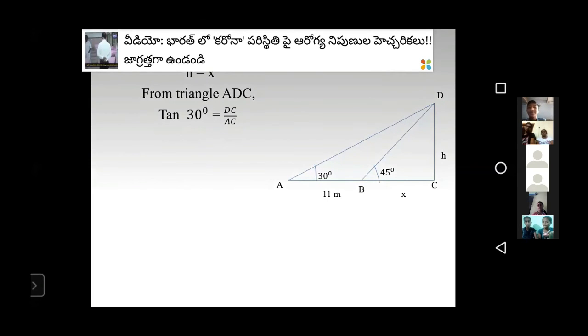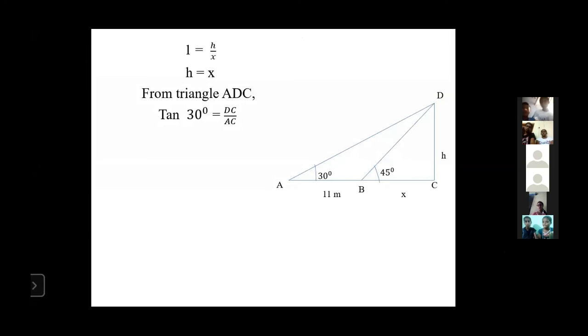So tan 30 is equal to CD by AC. Yes, tan 30 is equal to 1 by root 3, CD is H, and here AC is equal to AB plus BC. It means 11 plus X.